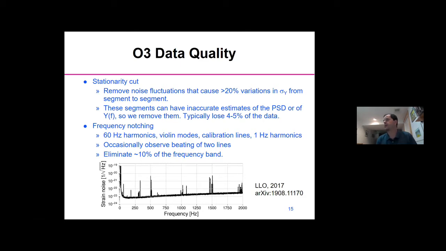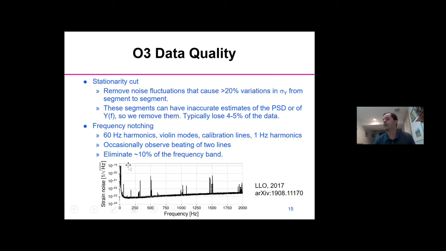And of course, you know that one of our underlying assumptions is that the background is stationary. This is a way of imposing the stationarity in our data. So when we impose this cut, we typically lose 4 to 5% of the data due to the non-stationarity.